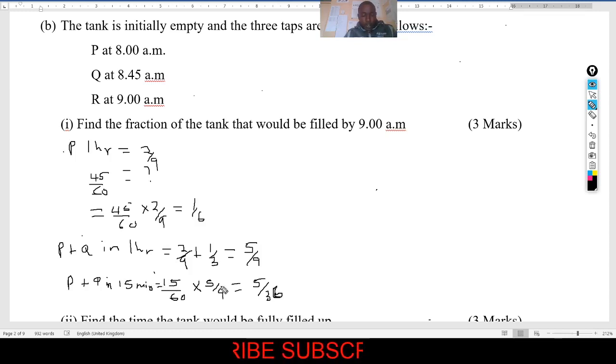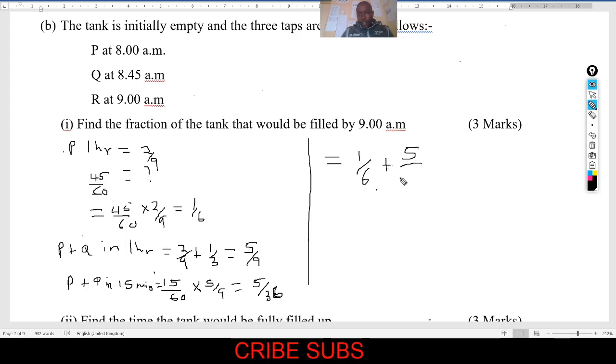Now that means from 8 to 9, the water in the tank will be equal to 1/6 that P shall have filled alone plus 5/36. So if you add the two, 1/6 plus 5/36, you just use your calculator, you get that the water that will be in the tank is 11/36 units of the water.